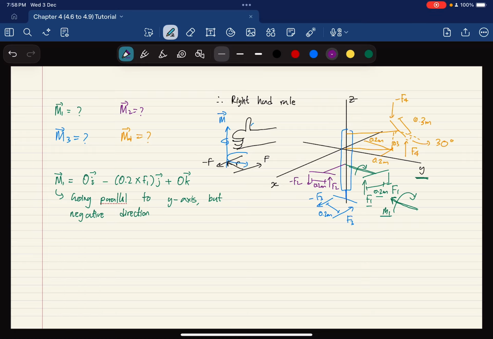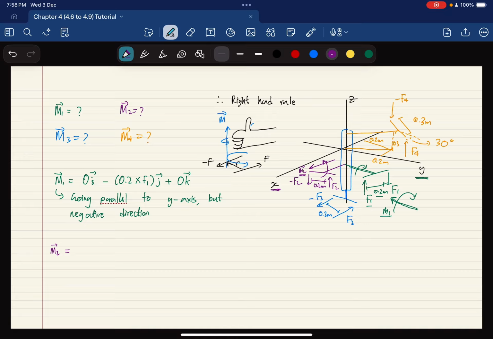For the case of M2, how do you get M2? Because M2 is circling this way, that is to say your moment is going outwards here. If you use your right hand thumb rule, you see that your thumb is pointing outwards to the positive x-axis.